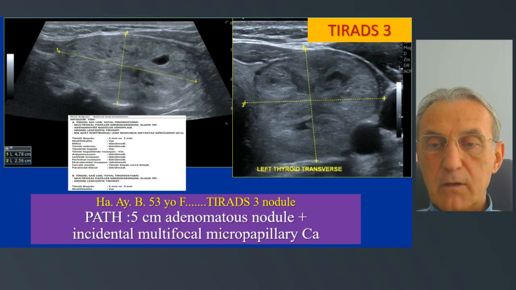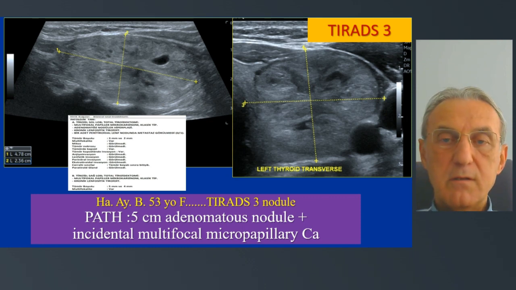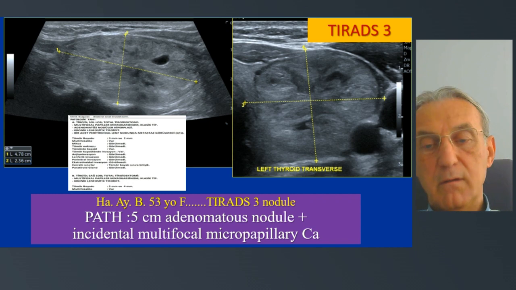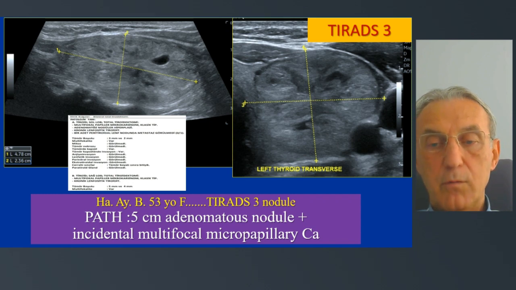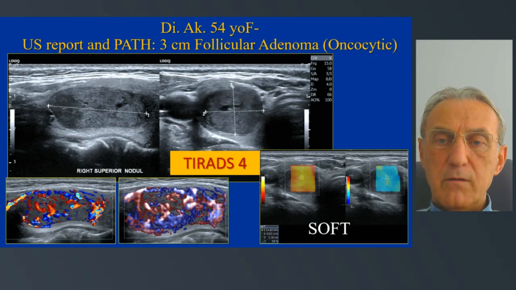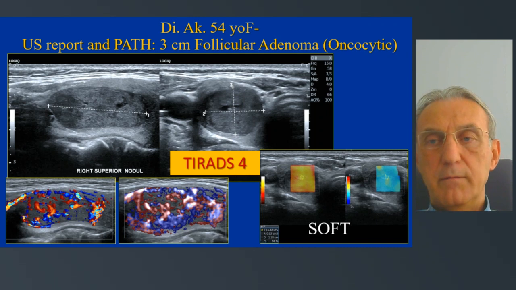So this is another case with a big solid nodule. This is thyroid 3, but it was taken out and incidental micropapillary components were found within this adenomatous nodule. This is another case.